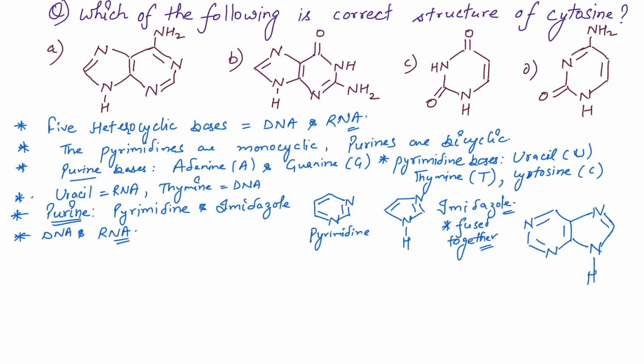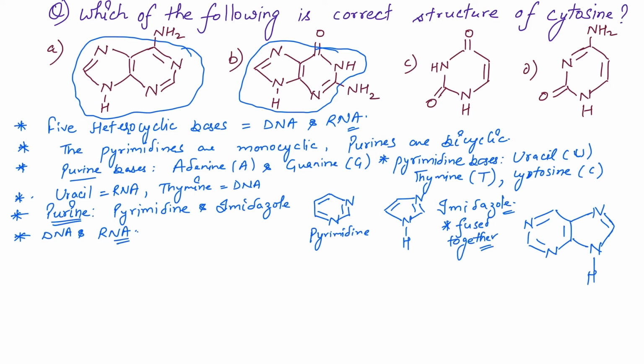So the basic structure in the purine bases, that is adenine and guanine, will be of purine. So this is the common purine structure in the first option and this is the common purine structure in the second option.